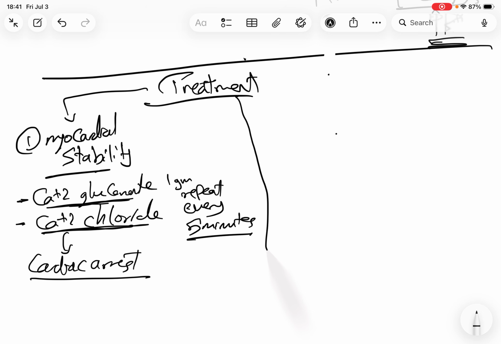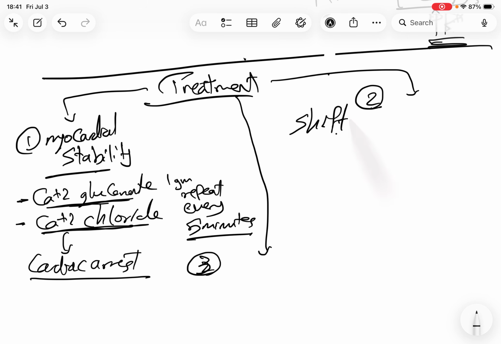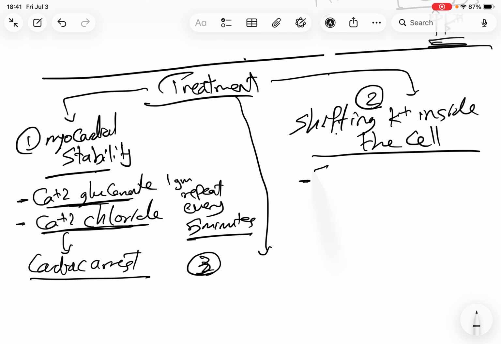The second treatment is shifting potassium inside the cell. So we can give some medications that shift the potassium inside the cell, including insulin.